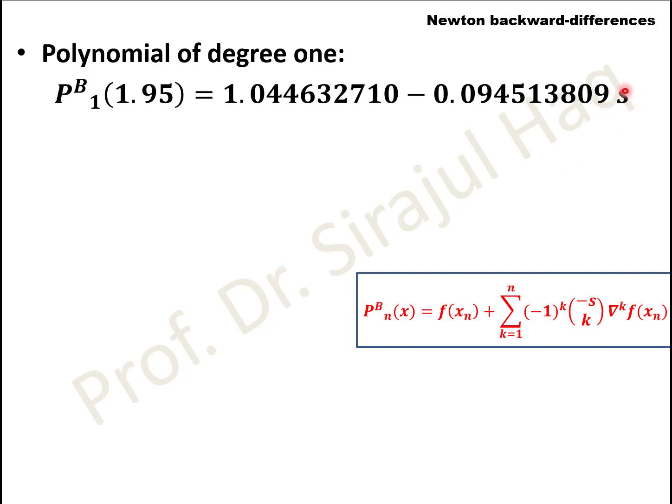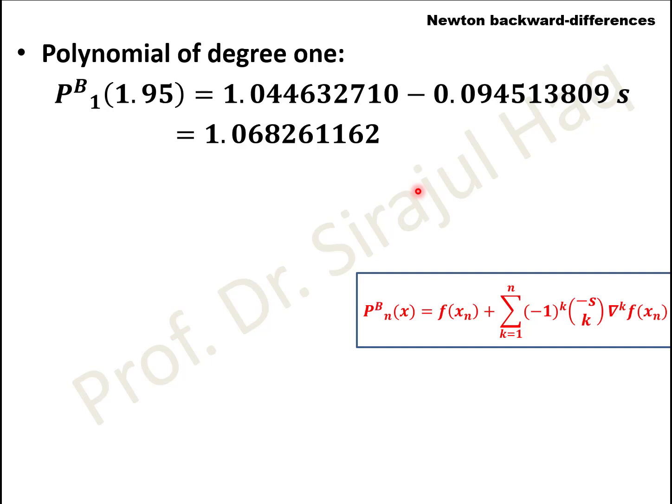That's the reason you can see the positive sign for this value, and this value is nabla raised to the power 1 f of x5, coming from the first backward difference. And when you substitute the value of s, which was minus 0.5, the approximated value of the function at x is equal to 1.95 is given by 1.0682616162.